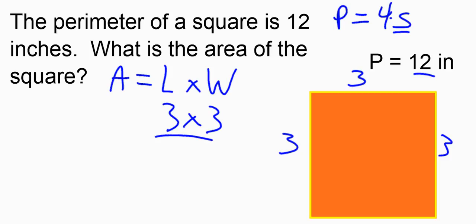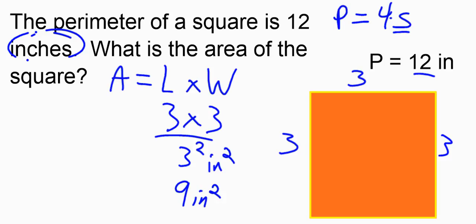Oh, right? Very, very similar to how exponents work. 3 times 3 is the same as 3 squared. And from there, we want to add a label. Inches, can't forget, we also had inches squared, and so our final answer would be 9 inches squared.